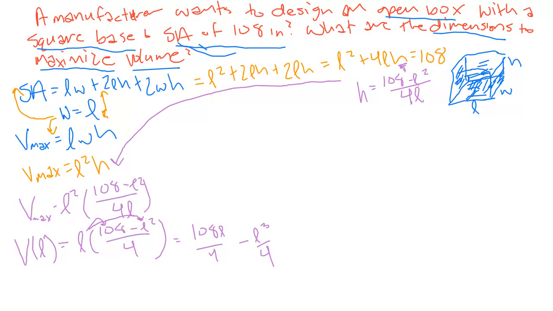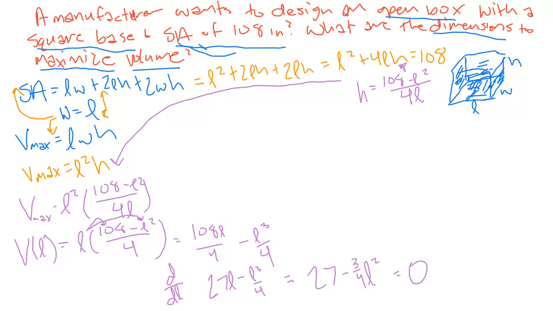This 108 over 4 is going to break down into 27L minus L cubed over 4. So now let's take our derivative and set it equal to 0. If we take our derivative, we're going to get 27 minus 3/4 L squared, which equals 0.